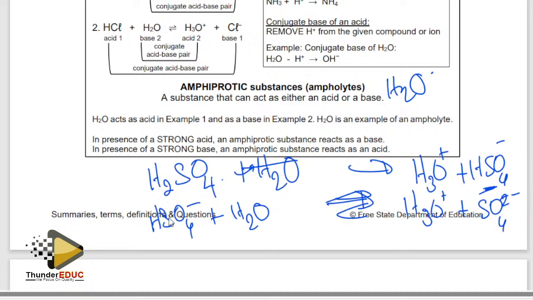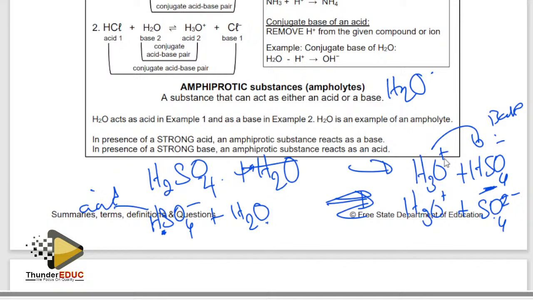Here it is a base, because it is going to receive from this and then it goes back to this. But when it comes here, it becomes the acid, because it gives this to this and then forms the hydronium ion and the sulfate ion. So in this case, it can act as an acid, it can act as a base.